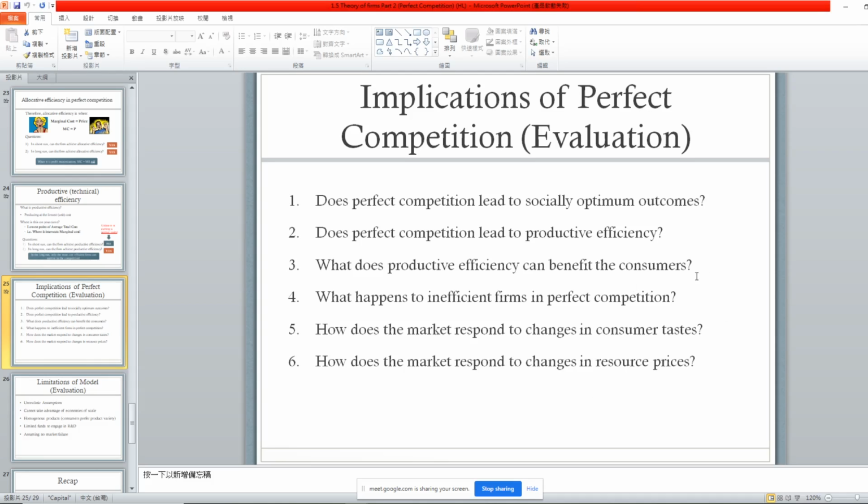And in this market there will be a very quick response when something changes: when consumer taste changes, when resource prices change, when the cost changes. When things change, people respond very quickly, and that's why this market is so efficient.